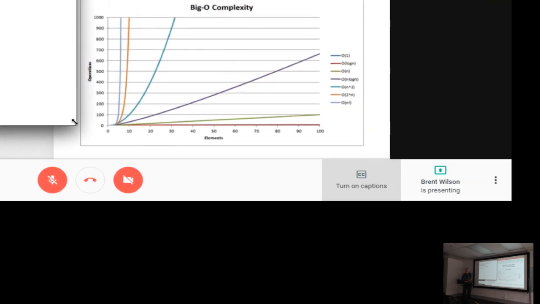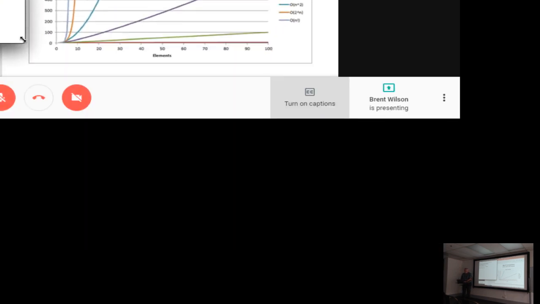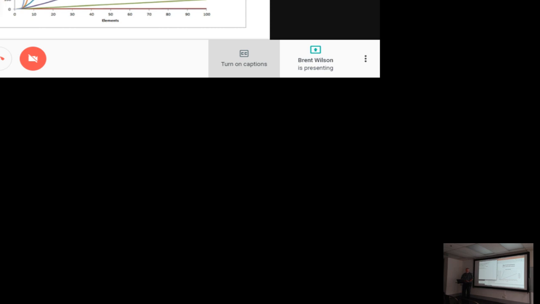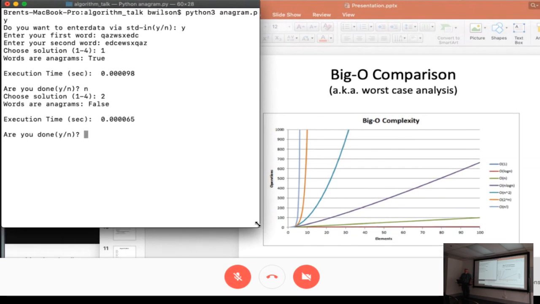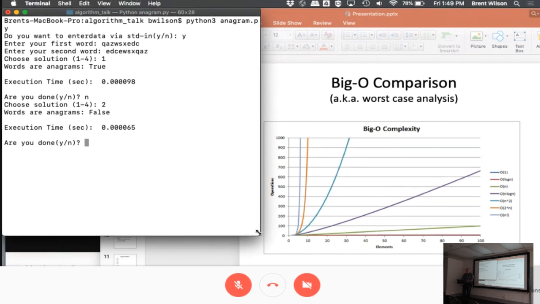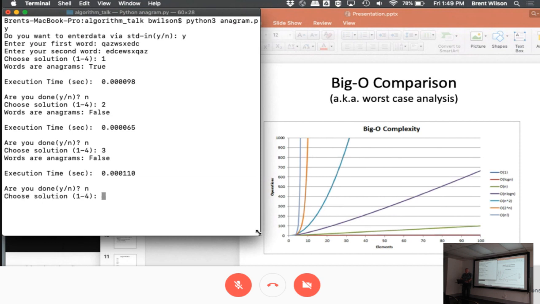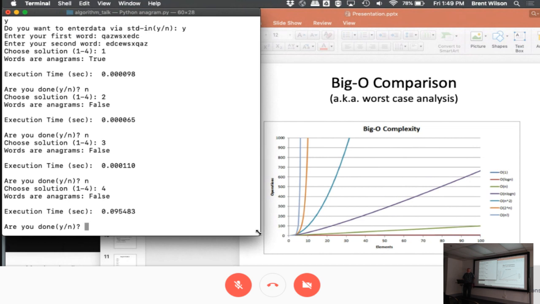So that one was smoking. Am I done? No, is the correct answer. 2. Okay, that was better. Am I done? No. 3. Boy, 3 looks like that thing's maybe slowing us down a bit. 4. Okay, that one was substantially less efficient, it appeared.